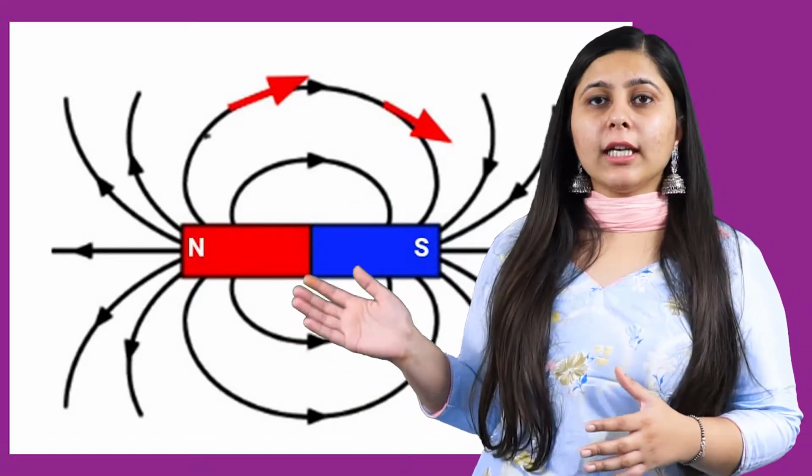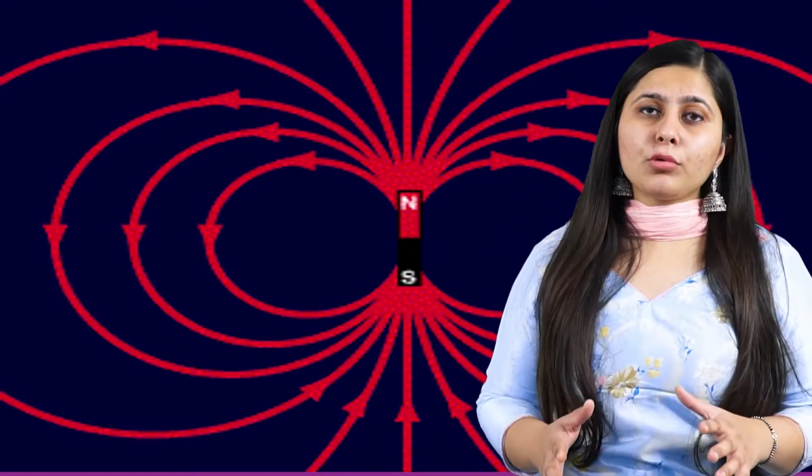Now the third characteristic that we need to study: why do we draw these magnetic lines? I am sure we are not drawing them only to show that here we get a strong magnetic field and here a weaker one. That might be a reason, but not the only one, because near the magnet you'll feel a strong magnetic field, and away from the magnet a lesser one.